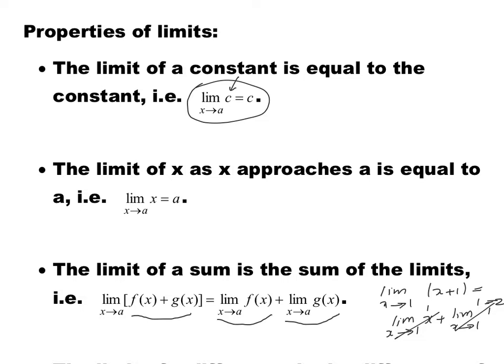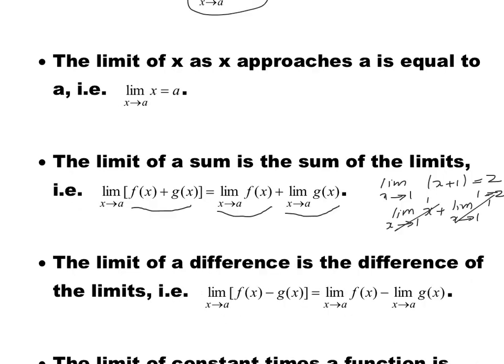Which is the same as here. If you substitute x equal to 1, 1 plus 1 is going to give you 2. The next property says the limit of the difference of two functions is the difference of the limits of the individual functions, which is exactly the same as the previous property, the limit of the sum of two functions.